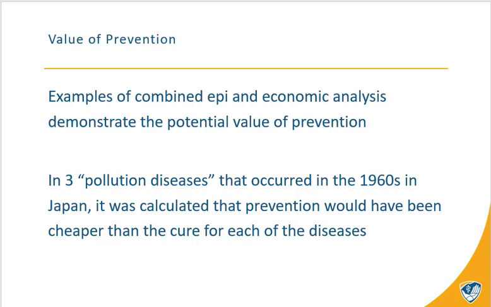Now, examples of combined epidemiologic and economic analyses demonstrate the potential value of prevention. In 3 quote-unquote pollution diseases that occurred in the 1960s in Japan, it was calculated that the prevention would have been cheaper than the cure for each of those diseases.